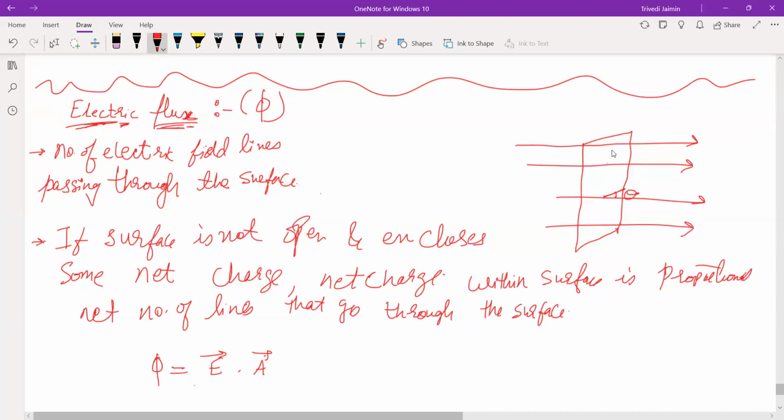So phi equals EA cos theta. Make a note of it.